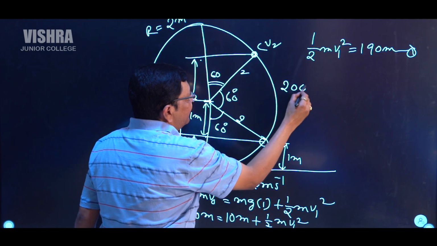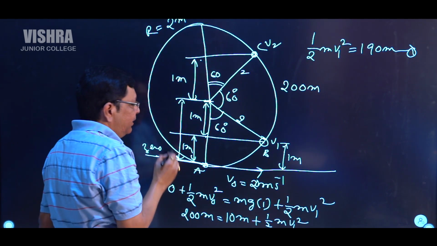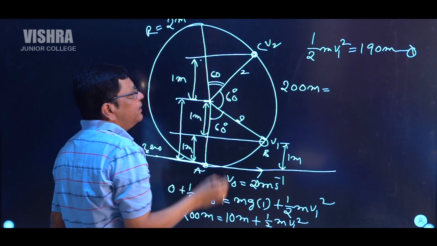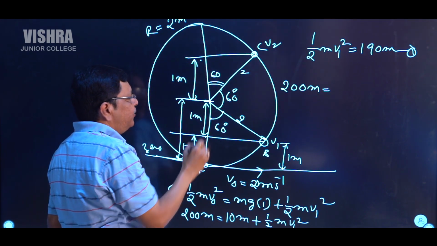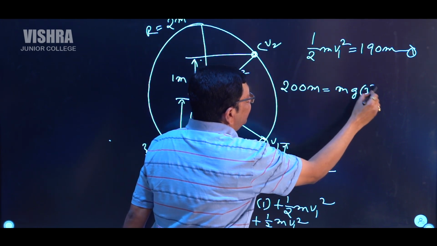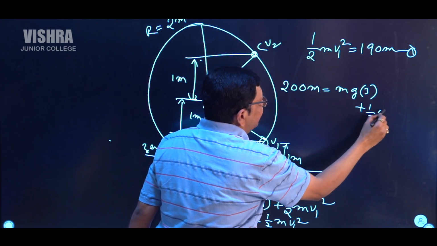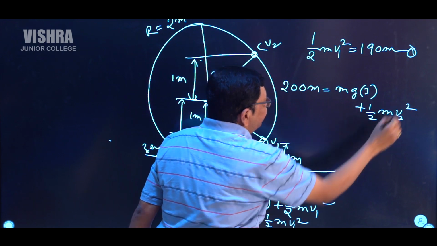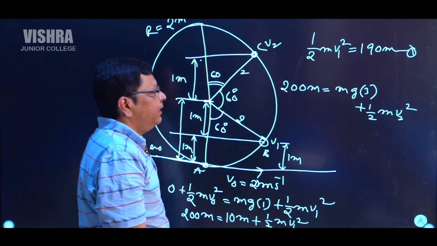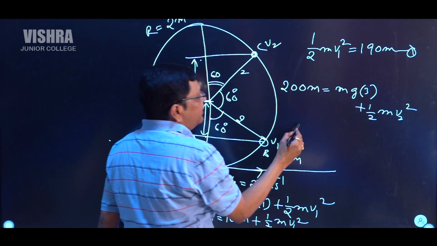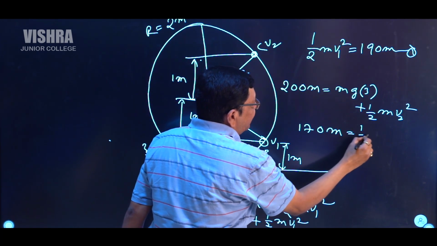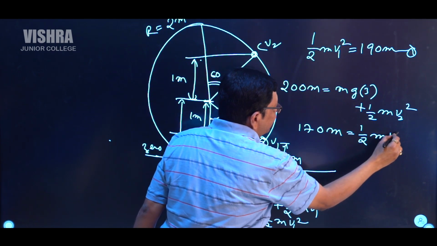So initial kinetic energy is 200m, and we are taking potential energy at A as 0. That is equal to, at C, potential energy mg into 3 meter, so mg multiplied by 3 meter plus kinetic energy half m v2 square. And if I take g approximately 10, 30m, 200 minus 30 is 170. So 170m is the kinetic energy at point C.